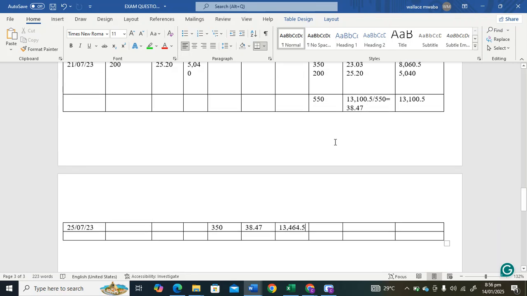So 550 minus 350, we remain with 200 goods valued at 23.82 kwacha.